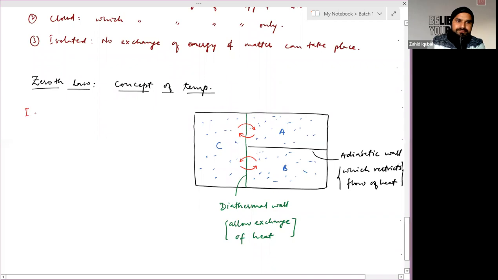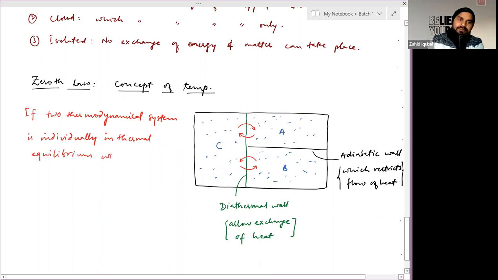If two thermodynamical systems are individually in thermal equilibrium with a third system, then they must be in equilibrium with one another.